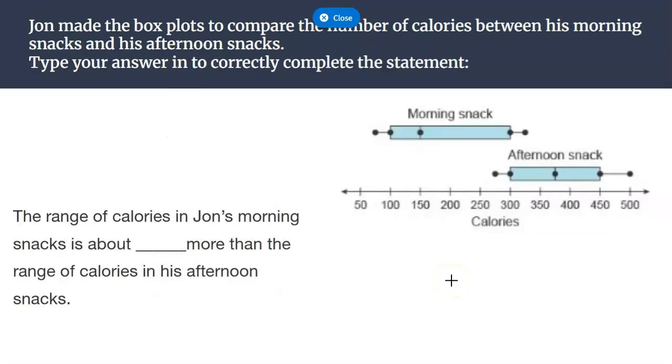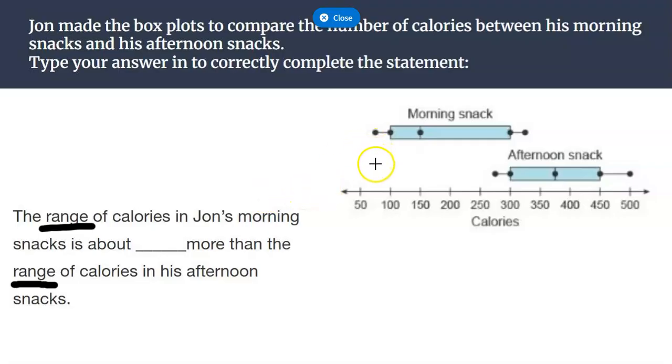And finally, here we're going to compare box plots, talking about the range of a set of data. John made box plots to compare the number of calories between his morning snacks and afternoon snacks. Put the right number in to complete this sentence. The range of calories of John's morning snacks is about blank more than the range of calories in his afternoon snacks. So range, meaning the max minus the min.